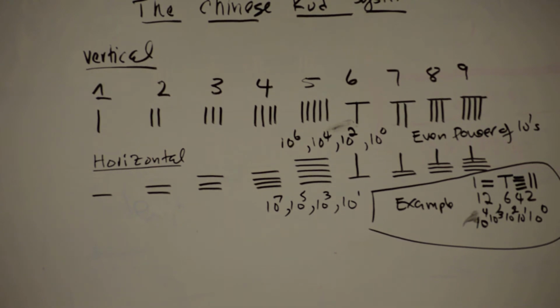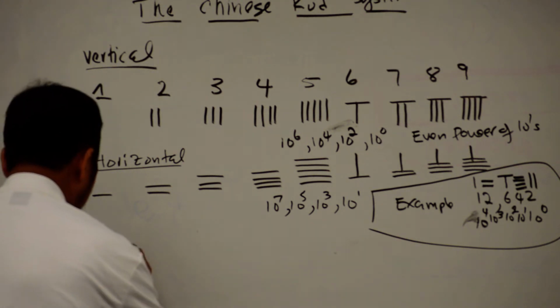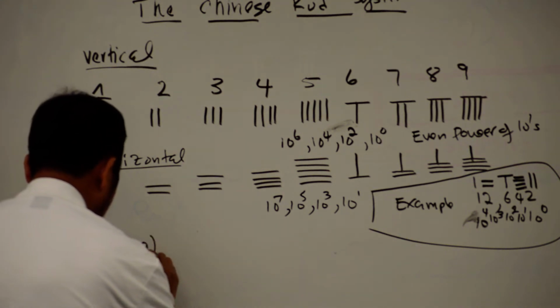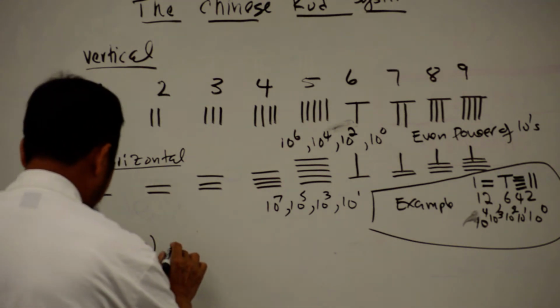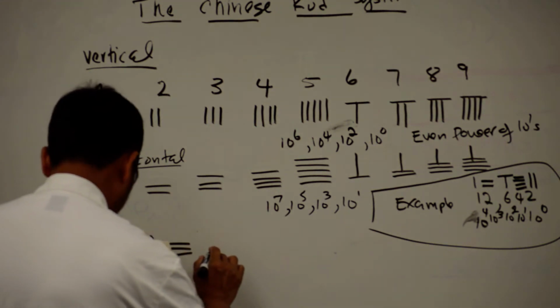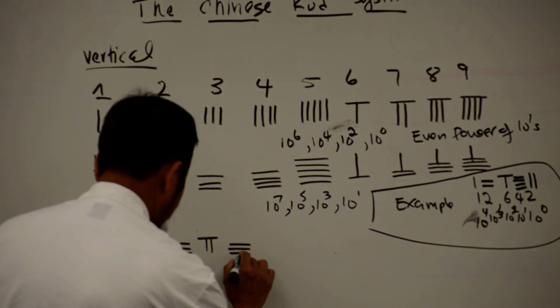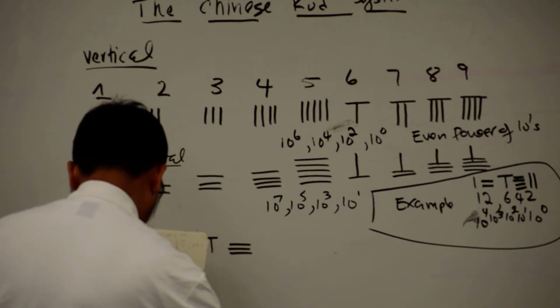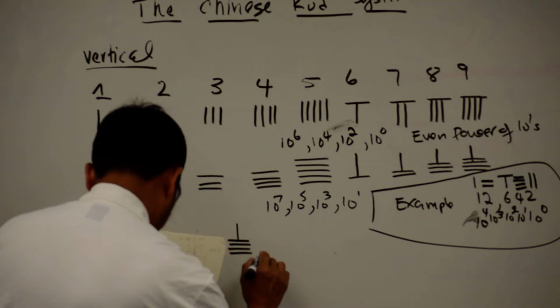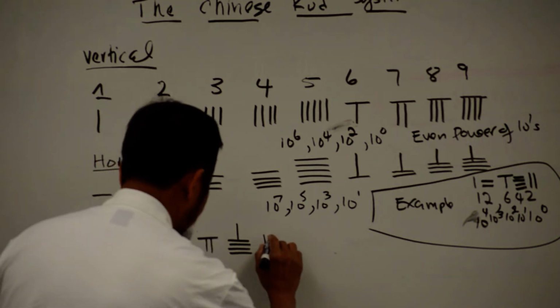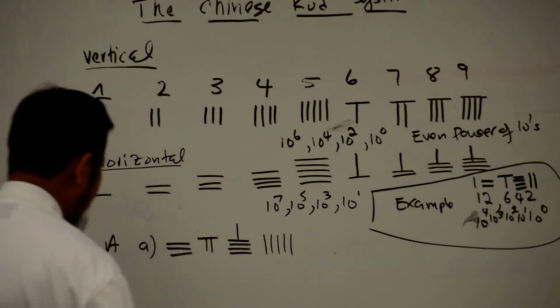Okay. So let's try A, small a here. We have 3, 7, 9, 1, 2, 3, 4, 5.